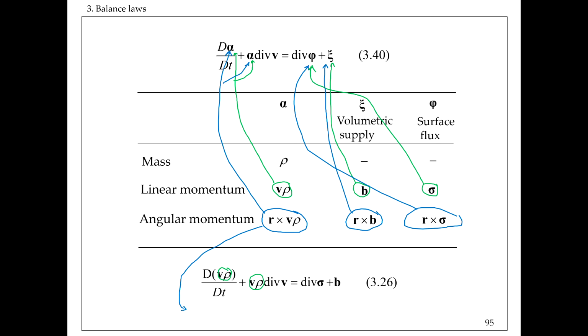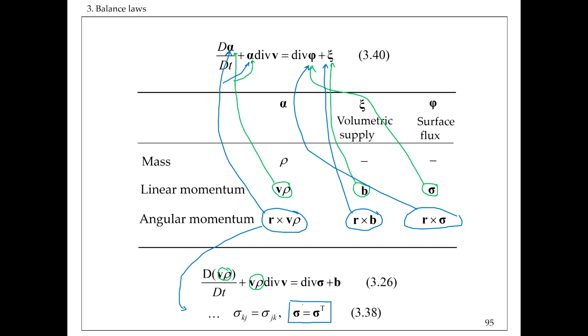But we know that all this, with the help of the linear momentum balance and the angular momentum balance, becomes by far more compact and more simple, and the only term that survives is the sigma multiplied by the Levi-Civita, and hence we could claim here that sigma equals sigma transpose.